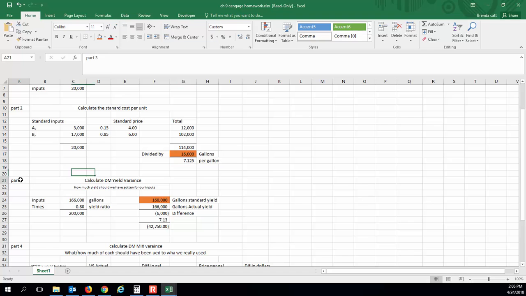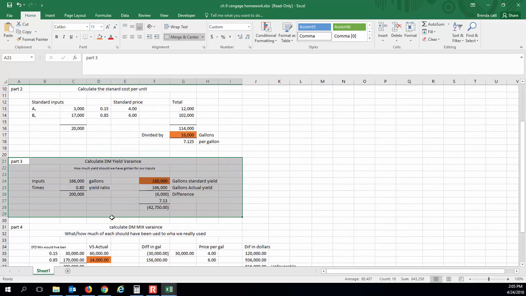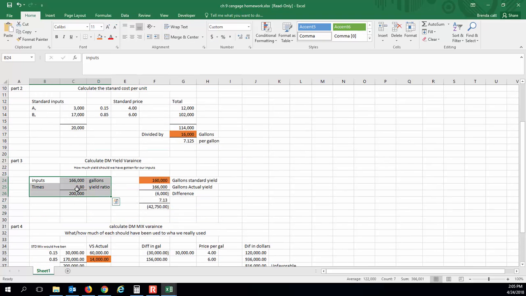Then as I went down here to part 3, you had a comparison, a reminder here of our inputs. Our actual inputs were 20%. If we yield 80% of that, what is this? I don't think you're using that calculation actually.